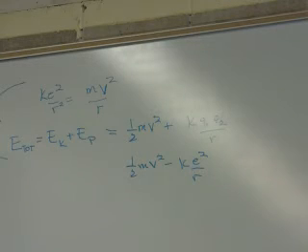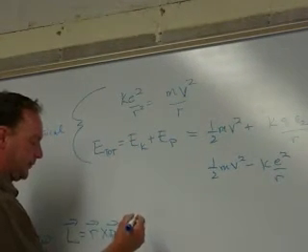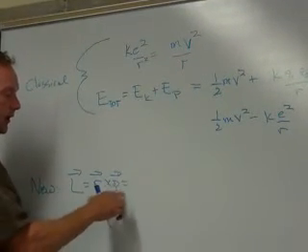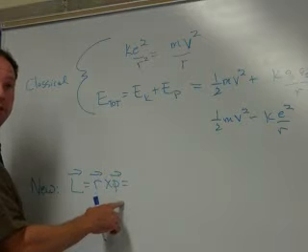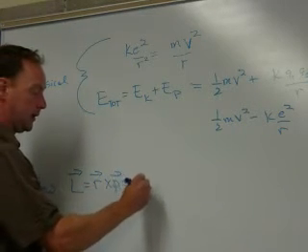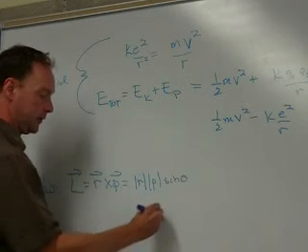All right, so here's L, which equals angular momentum, r cross p. If r and p are perpendicular, this is going to be the magnitude of r times the magnitude of p times the sine of the angle between them.